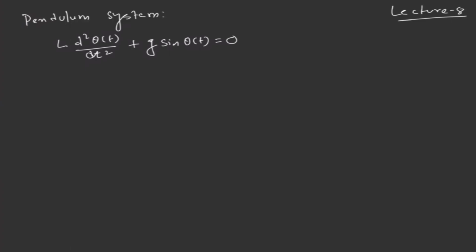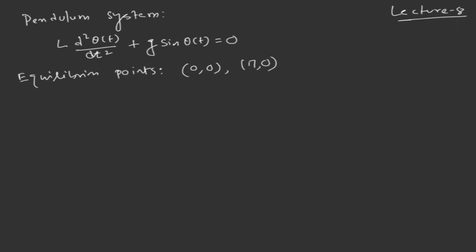And we have equilibrium points (0, 0) and (pi, 0). We have already done how we get these equilibrium points.